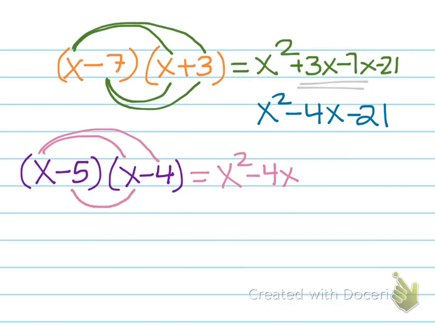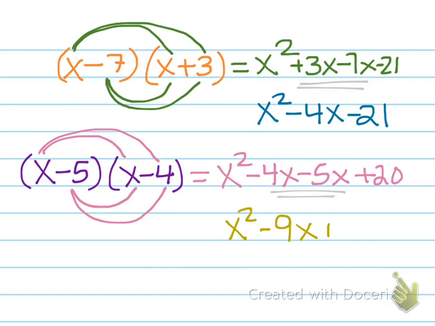Negative 5 times x gives me minus 5x, and then negative 5 times negative 4 gives me positive 20. We're going to add the like terms in the middle, and then our final answer is x squared minus 9x plus 20.